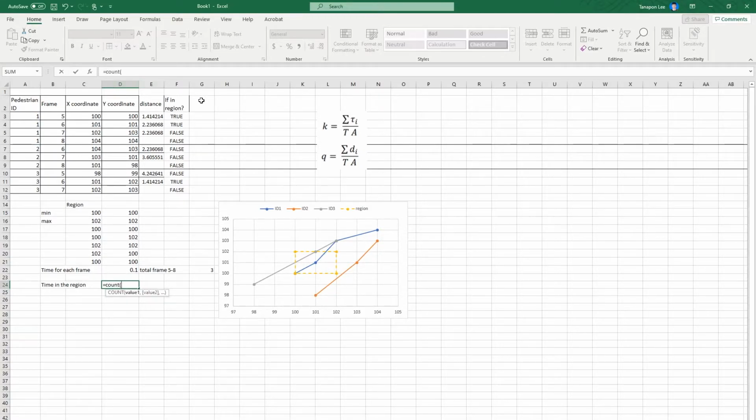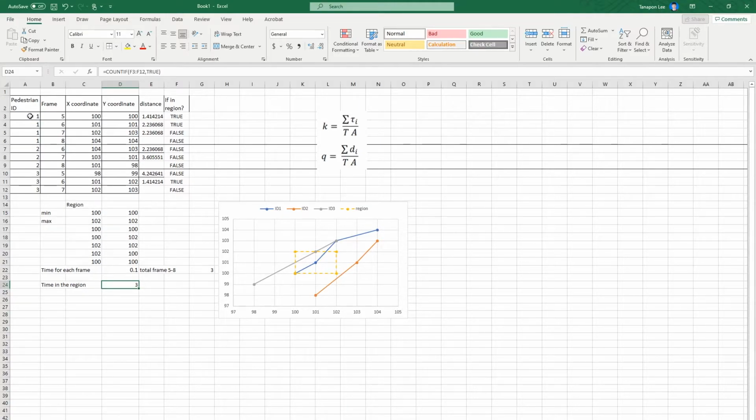So the time that people spend in these regions is the count of how many trues. Count if they're true. Okay, so there are 3 frames.